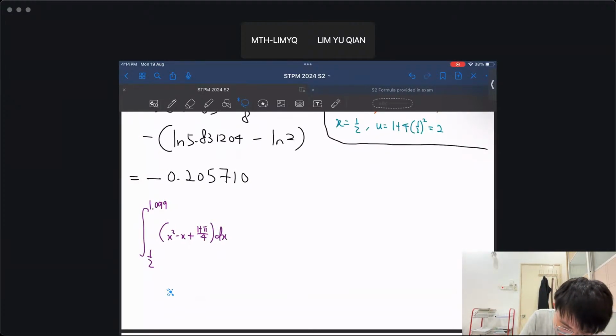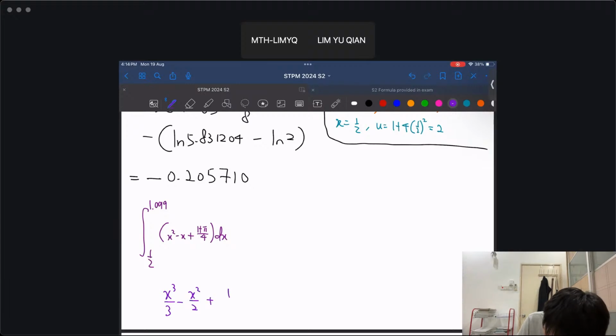Okay, this one is x power 3 over 3 minus x squared over 2 plus 1 plus pi over 4 x, integration.